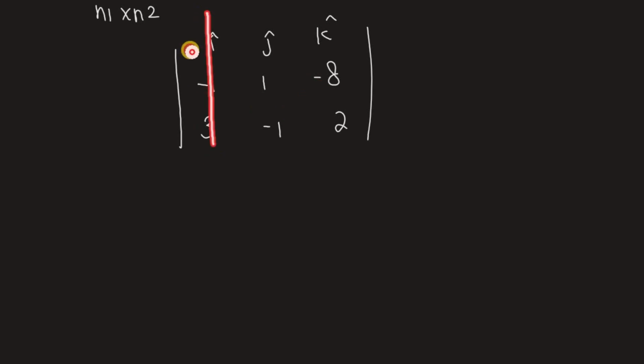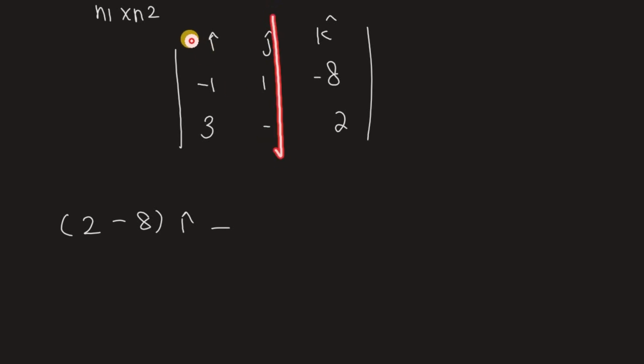So if you multiply this times this, that's 2, and this is 8. So you do 2, and then negative, that's a positive, but it's negative multiplied by 8, so that's going to be 8 i hat. Similarly you do the rest.